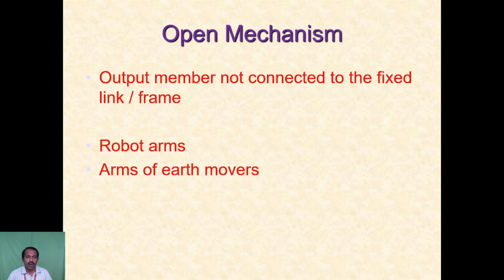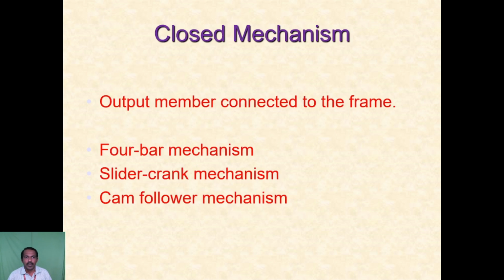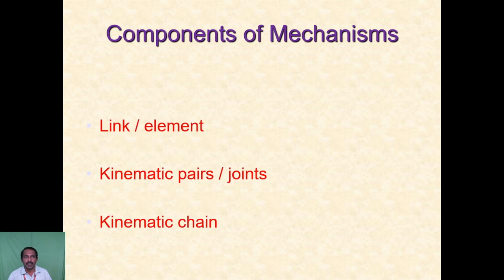For example, the robot arm or earth movers. Here is an open mechanism, for example a robot arm. In a closed mechanism, the output member is connected to the frame. The four-bar mechanism, slider crank mechanism, and cam follower mechanism are examples of closed mechanisms.